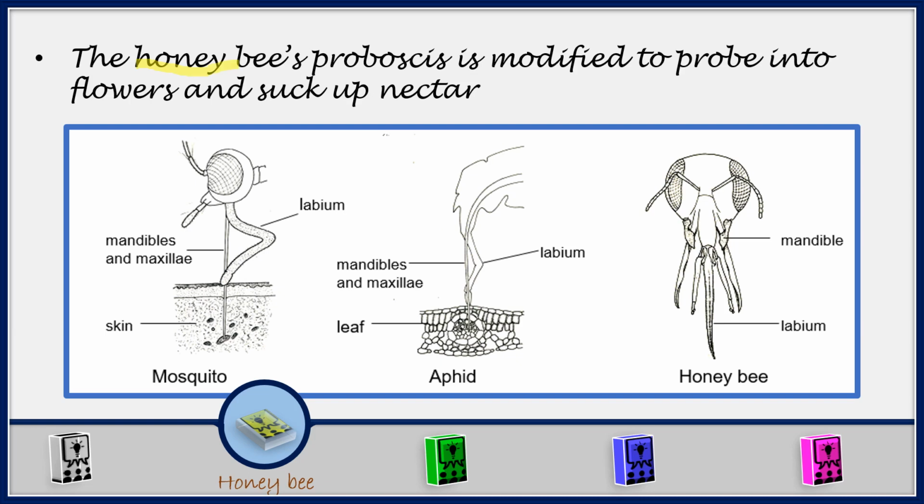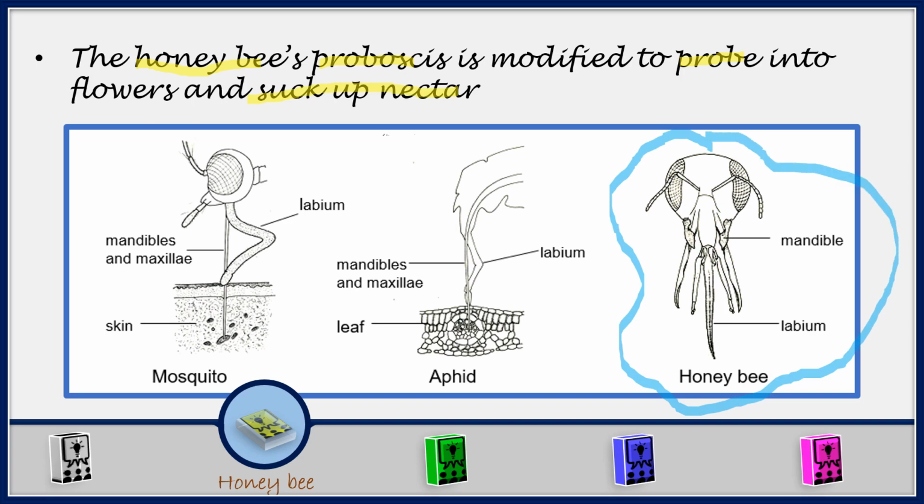The honeybee's proboscis is modified to probe into flowers and suck up the nectar. Now, here we have our honeybee. It also has the mandibles. We can see the mandibles here, but they are very short.